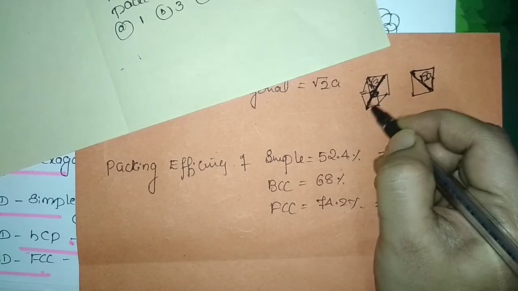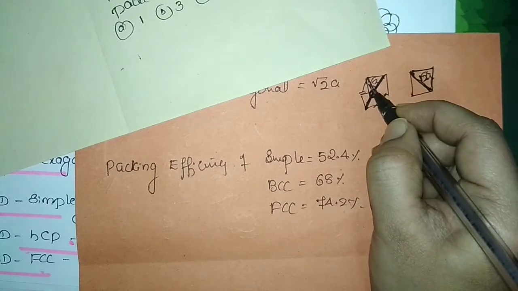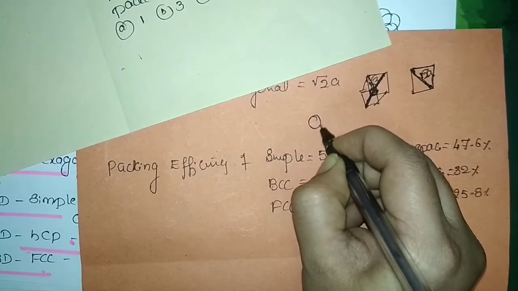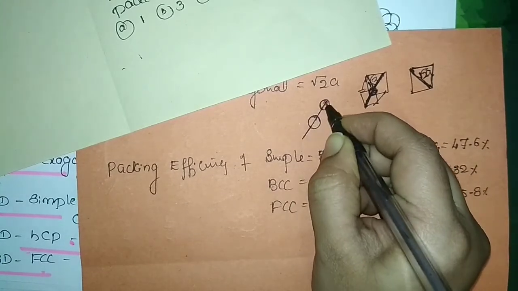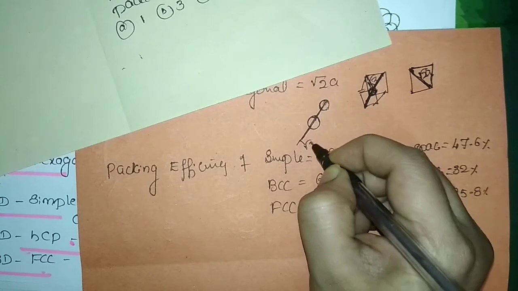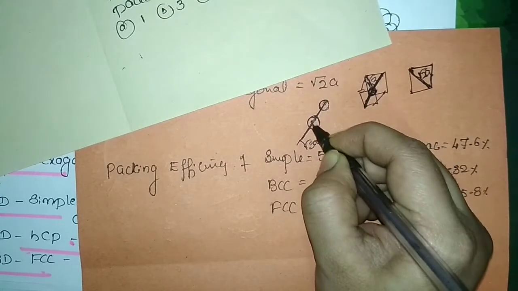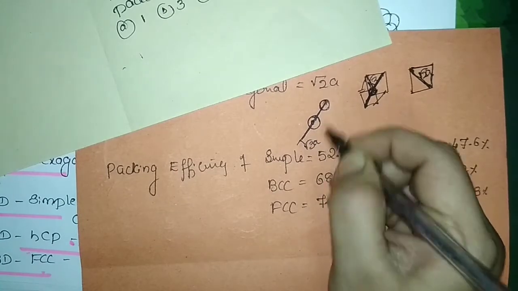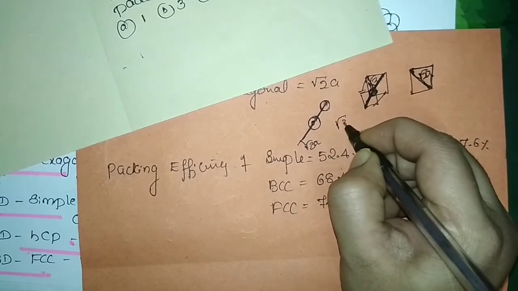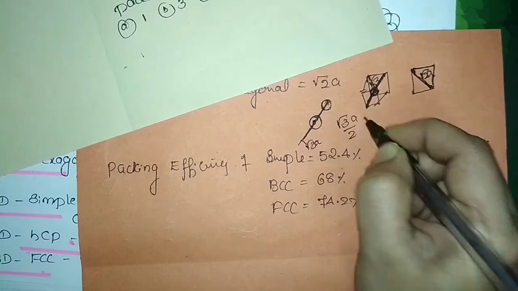So it is exactly half of the body diagonal. Agree? One atom is at the center of the body, one atom is at this corner, and this is the body diagonal. The total body diagonal we know is root 3a. So the distance between this centered atom and the corner is half of root 3a, so it is root 3a by 2.